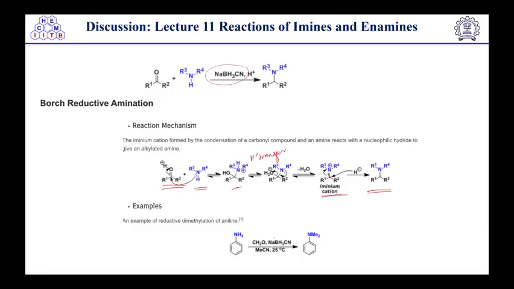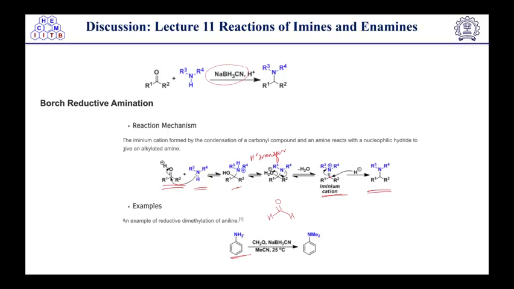Another example given here is reductive dimethylation of aniline. Here we have aniline. We'll discuss this again in the question answer session, so till that time you just try to solve this one by yourself. I'm just writing here how you have to write the solution of the mechanism.